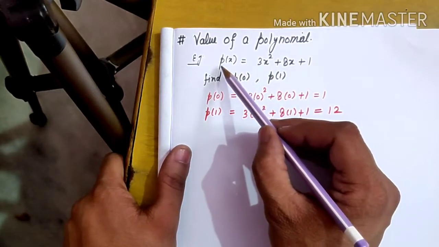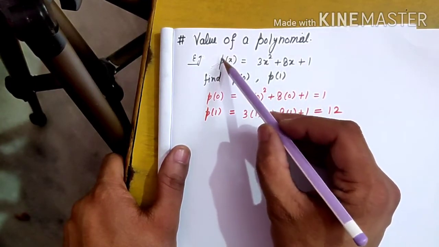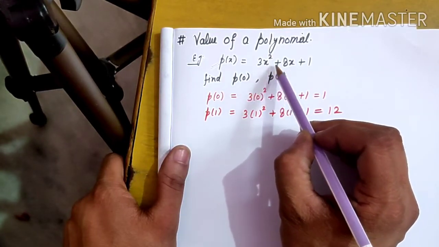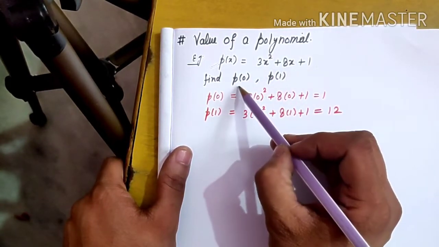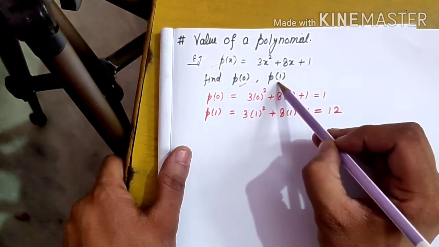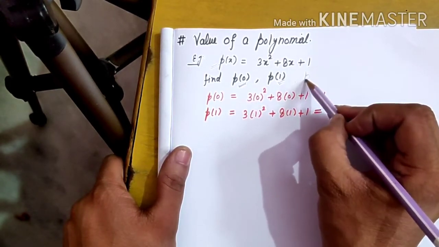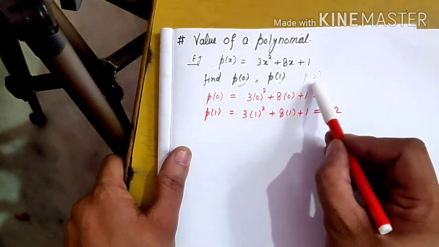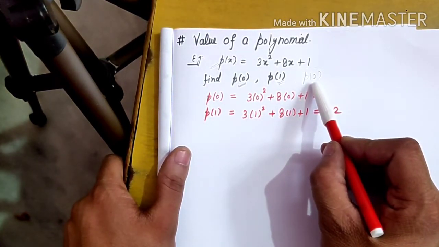Suppose we are having a Px. P stands for polynomial. Px equals to 3x square plus 8x plus 1, and we have to find the value of p0, p1. For example, here we can also be asked to find the value of p2. So what does it mean?